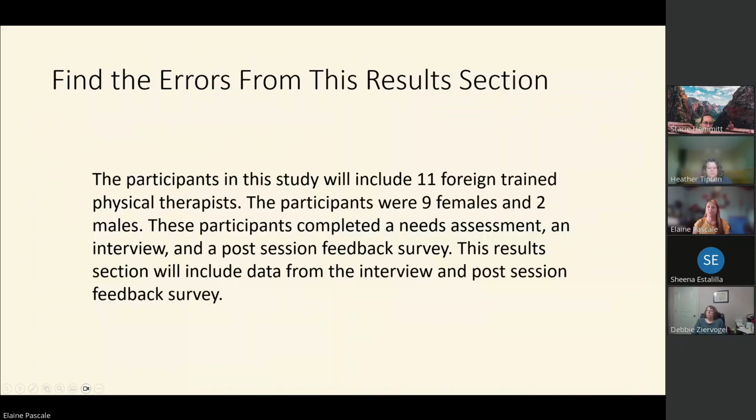So that brings us to a little section here in the results where there are some errors. Take a minute to look at it and see if you can pick up on anything.